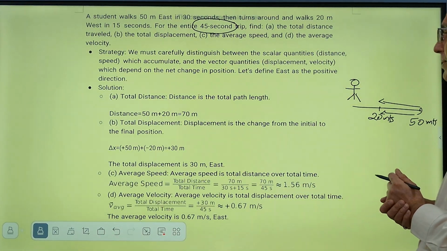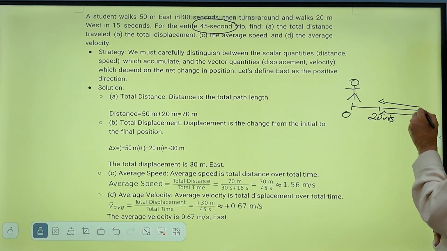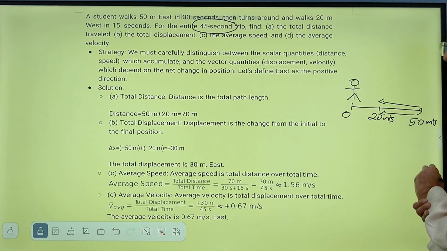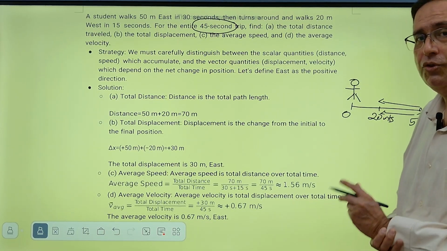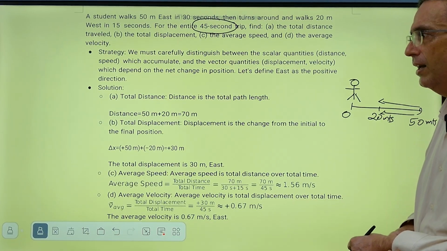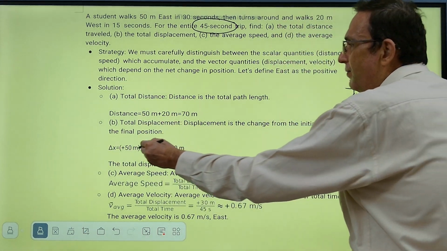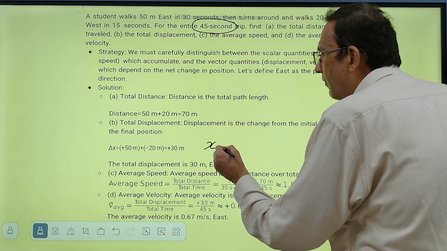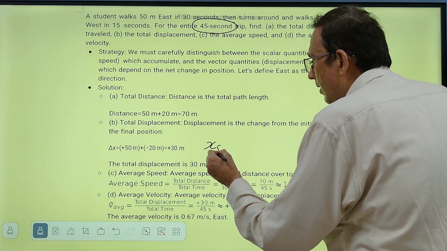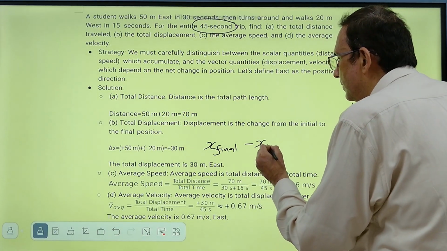But the total displacement is not 70. So he started from the origin, traveled 50 meters, and then traveled back 20 meters. So how much has he covered in terms of the final position? So delta x, the displacement, is x final minus x initial.